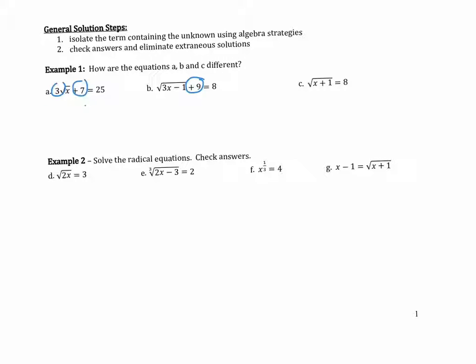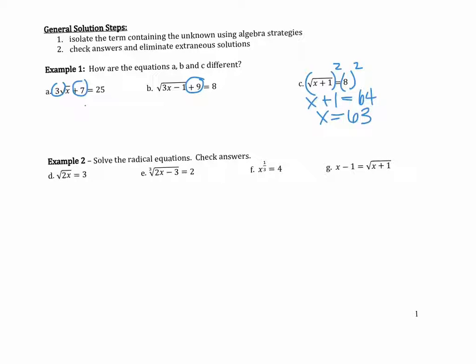In letter C, the radical expression is all lone on one side of the equal sign, so you could simply square both sides or raise both sides to the power of 2, and you get x plus 1 equals 64. So x equals 63.